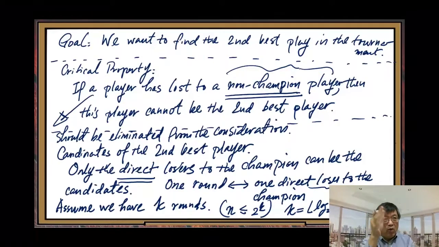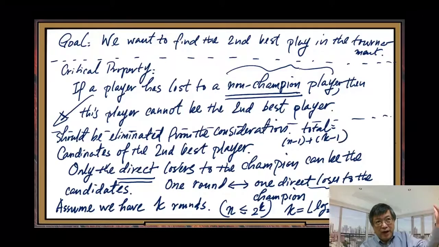All right, now we are ready to get the total number of comparisons for the whole problem. That is n minus 1 plus k minus 1. N minus 1 is the champion part.